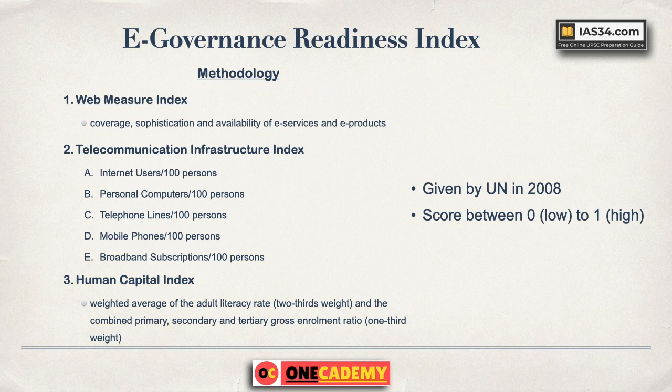Gross enrollment ratio is how many kids who are eligible to go to school are actually going to school. So if 100% of kids are going, then your ratio is 100. That component forms 1/3 of the weight, and 2/3 of the weight comes from the adult literacy rate, and then this whole is taken as a weighted average. Remember that this is what the human capital index is.